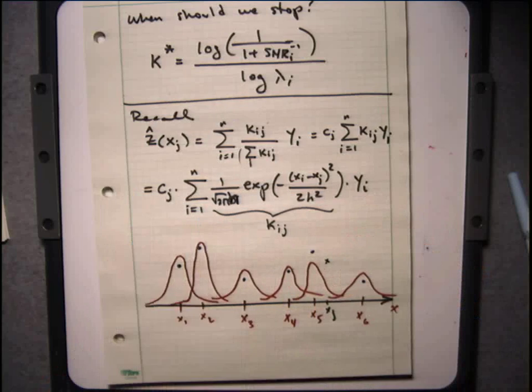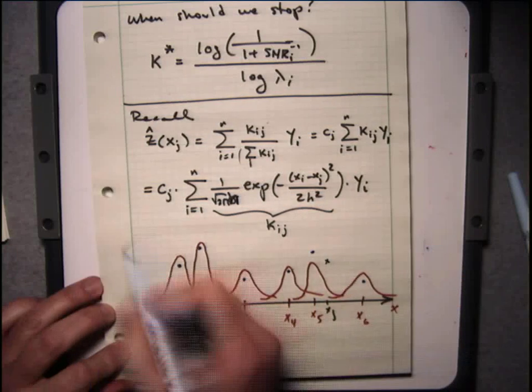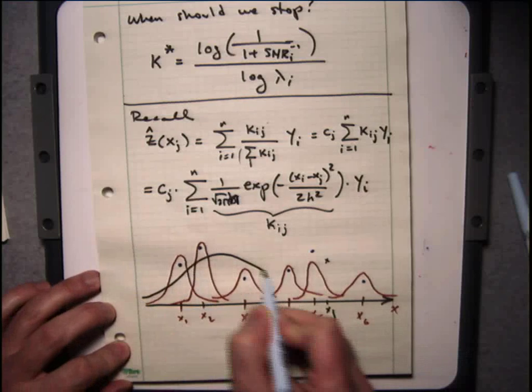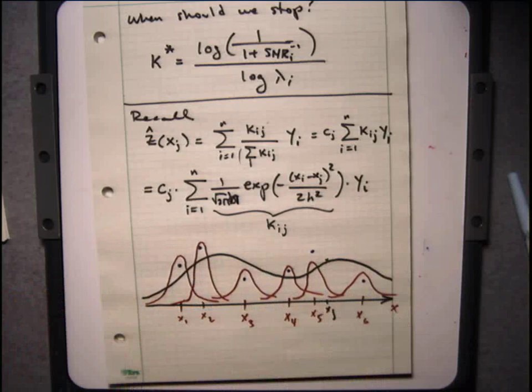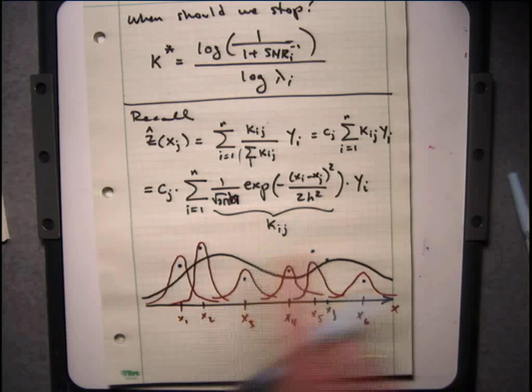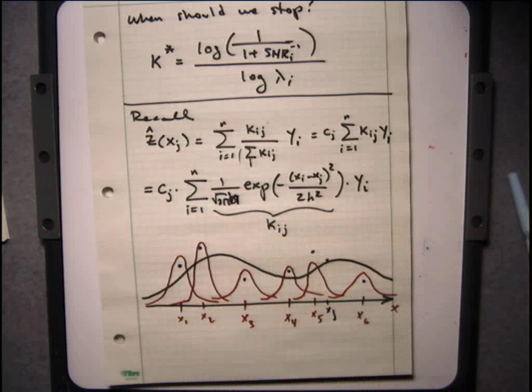If you do this for every xj across here, you're going to get some curve that looks like that. At every point, this curve is defined by a linear combination of these bumps. Is that clear? Intuitively, it is very simple: you just put a bump at every data point and add the contributions. You're done. End of story.